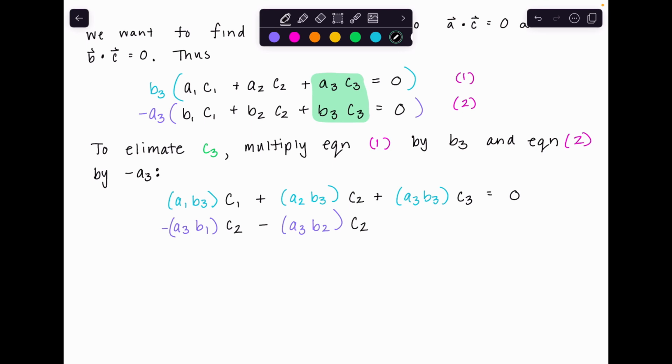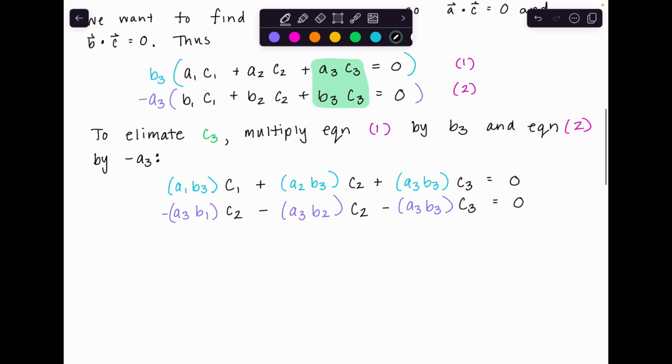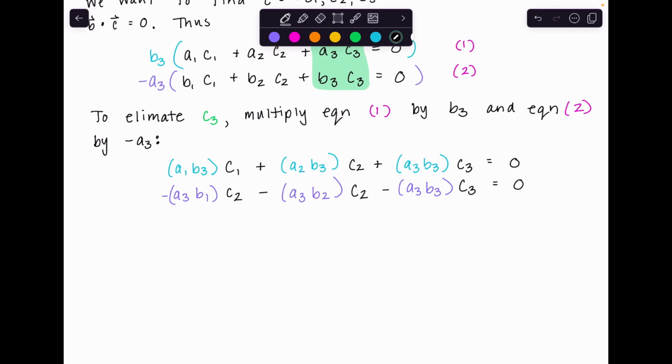And then the last one is also going to be negative, and it's going to be A3 B3 attached to C3, still equaling 0 here. Okay. So if I go ahead and add these two equations together, it's going to eliminate my C3 terms, which is nice. So these are going to be gone.